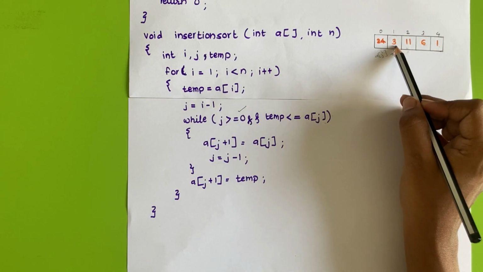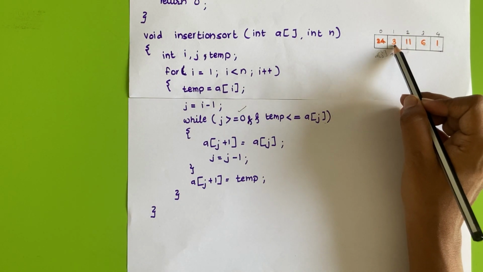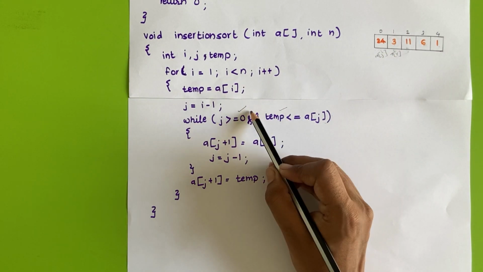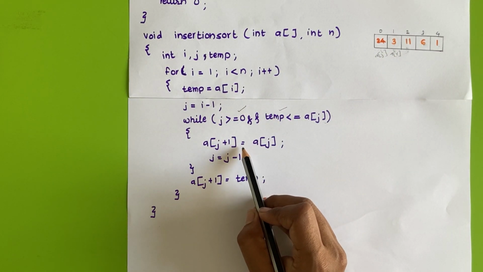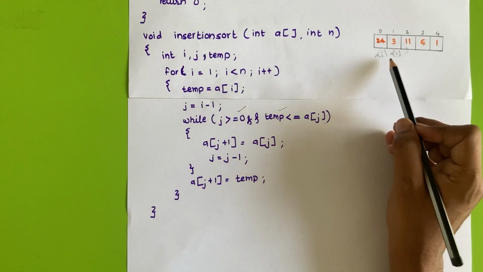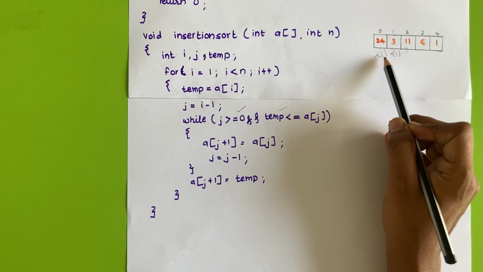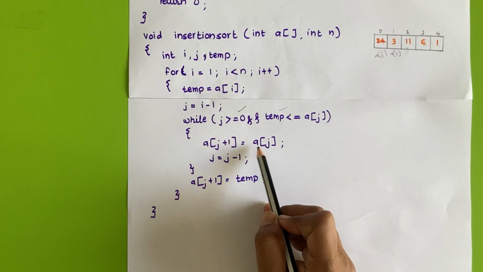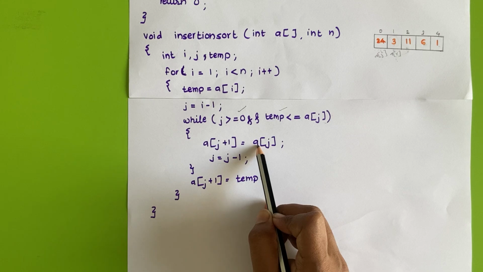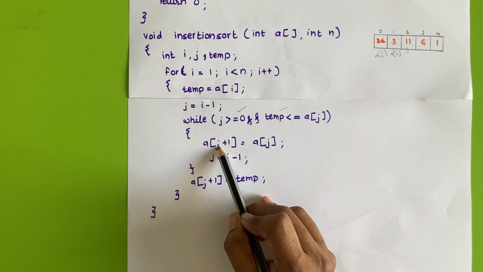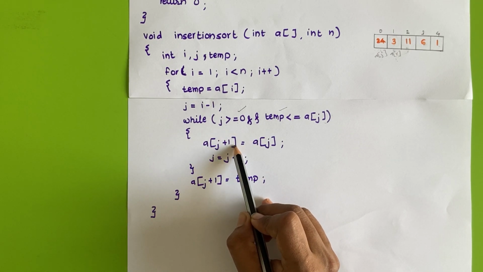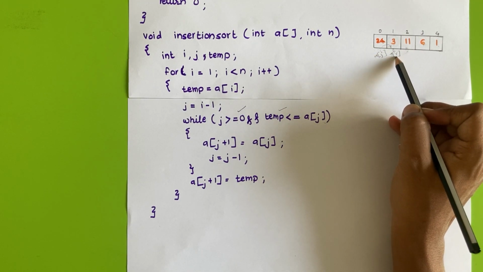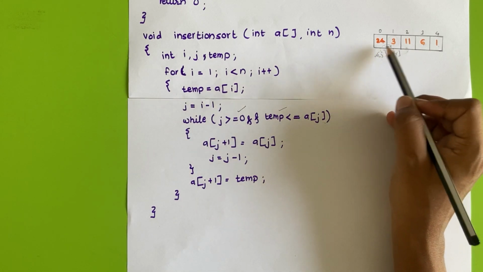The value of temp is nothing but a of i, so it's less than a of j. That's why both conditions are satisfied, so it will move inside this loop. If this condition is satisfied, then we have to swap. So we have copied the value of a of j into a of j plus 1. And we have already copied the value of a of i into the temporary variable, so we will update it.